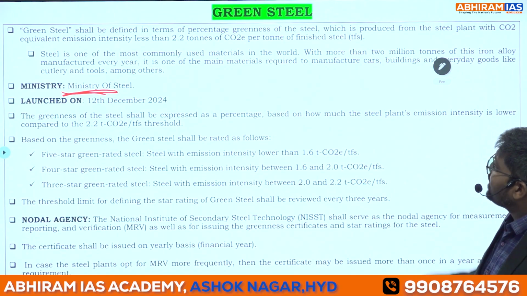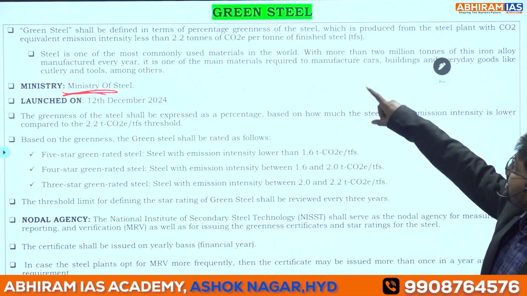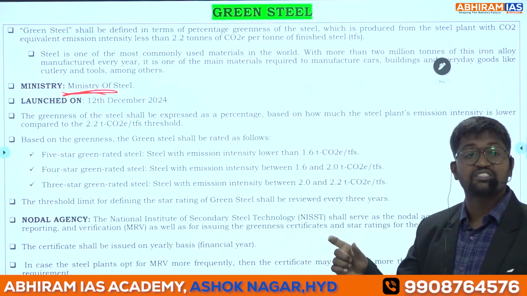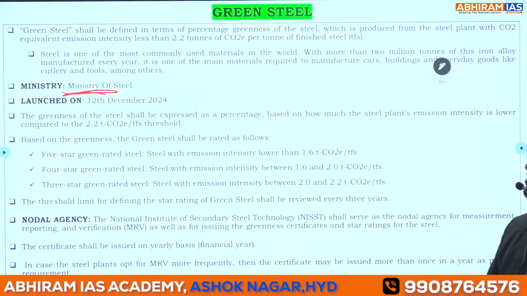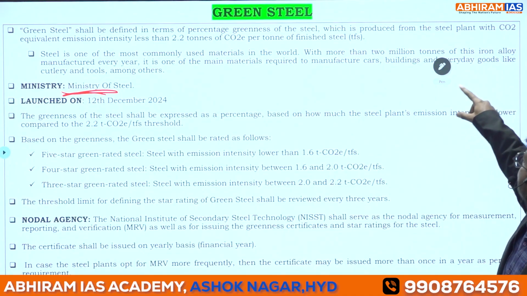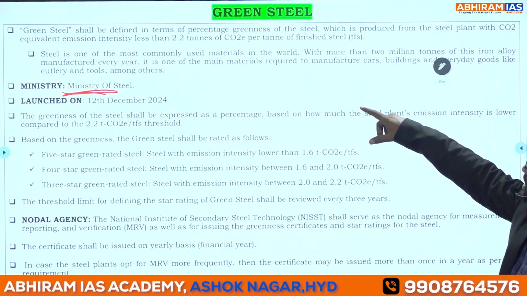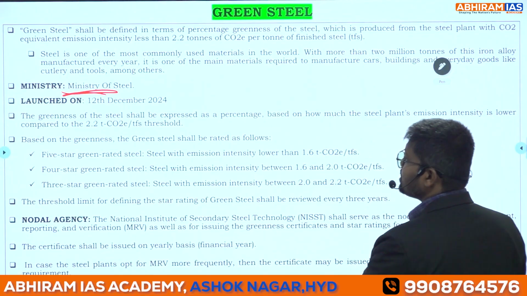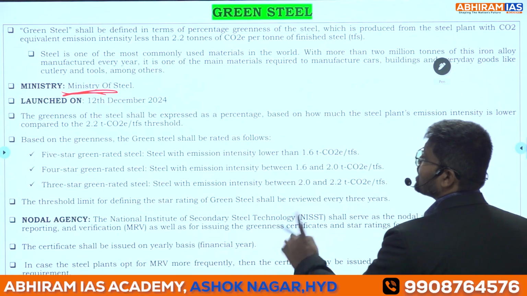So green steel shall be defined in terms of percentage greenness of the steel. Percentage greenness of the steel means how much clean energy is used in manufacturing steel, which is produced with a CO2 equivalent intensity. So based on greenness, the green steel can be rated as follows.